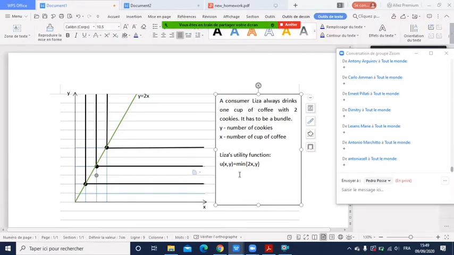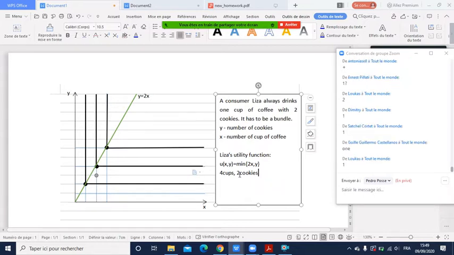Since, well, here what I wanted to say is, first of all, ask you this question. If I have 4 cups and 2 cookies, how many bundles will I be able to create? Type. One.